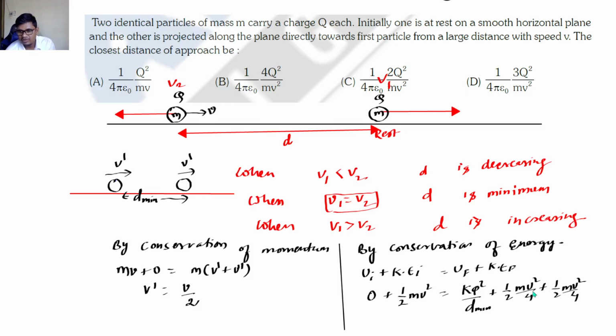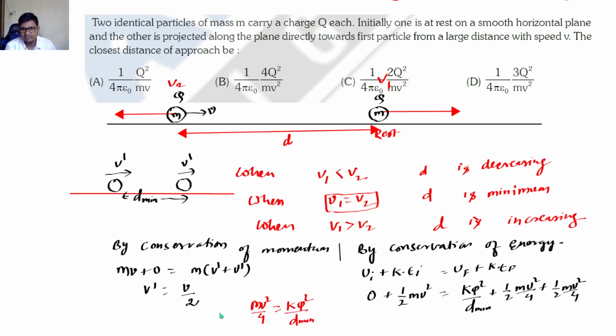If we simplify this, we will get half m v square on one side, minus m v square by 4 on the other, so we get m v square by 4 should be equal to k q square by d minimum.